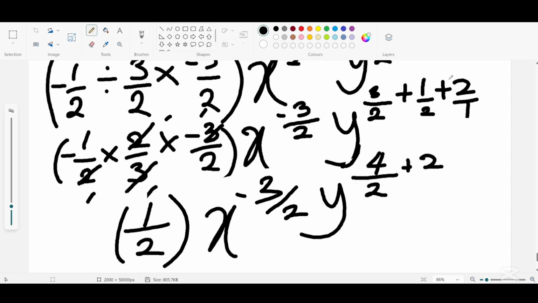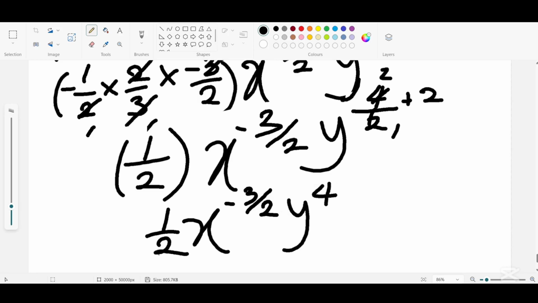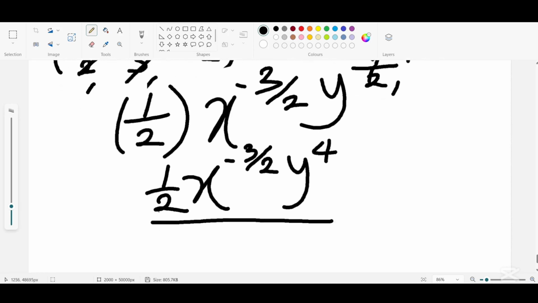This is 2, and 2 over 1 is 2. So 2 here 1, 2 here 2. So 2 plus 2 is going to be 4. So it makes it easier that way. So we now have 1 all over 2 x raised to power minus 3 all over 2, then y raised to power 4. So this is the final answer for this question.